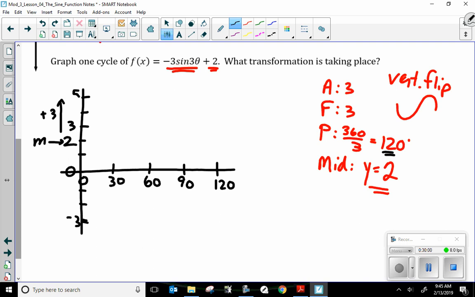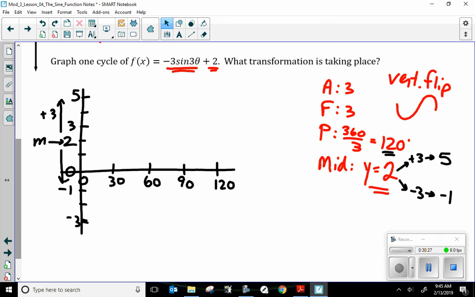So I need to go to 5. And I go down 3 from 2. That brings me to -1. So my min and max, my amplitude, that adjustment is going to be made from the midline. So if my amplitude's 3, I'm going to add 3. My max point will be 5. I would subtract 3, and that brings me to -1. So those are my highs and lows.